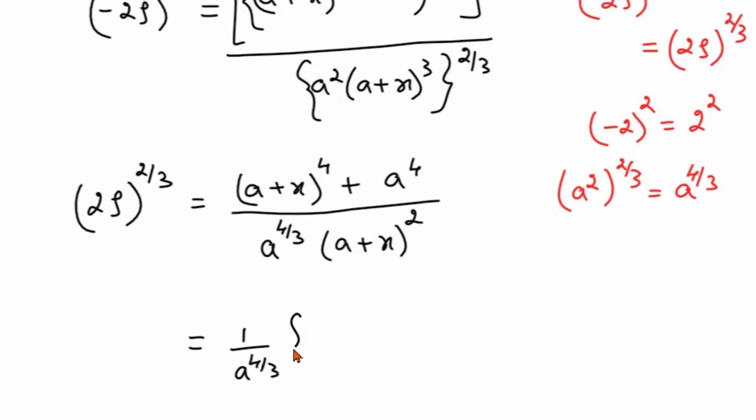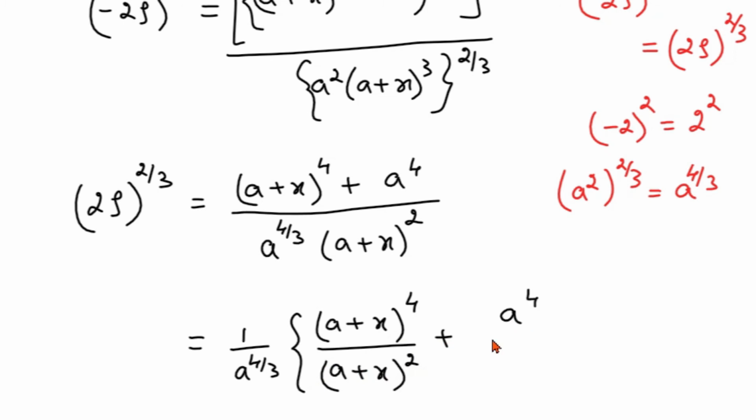So if you just try to divide it, I will be getting (a plus x) to the power of 4 divided by (a plus x) whole square, plus a power of 4 being divided by (a plus x) whole square.